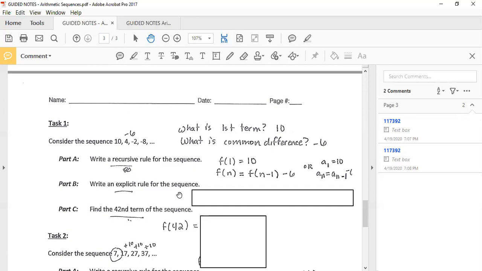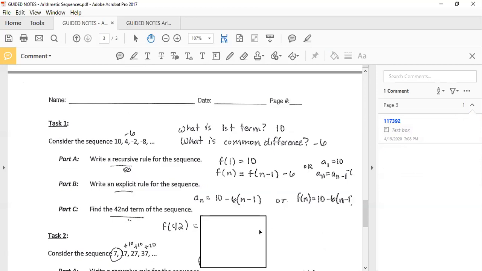If I'm doing an explicit rule, I start with my first term, which is 10. And I'm going to say 10 plus my common difference times n minus 1. My common difference is 6, so I'm actually going to do 10 minus 6 times n minus 1.